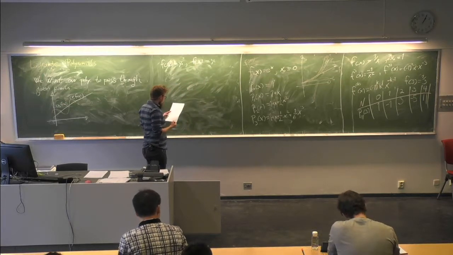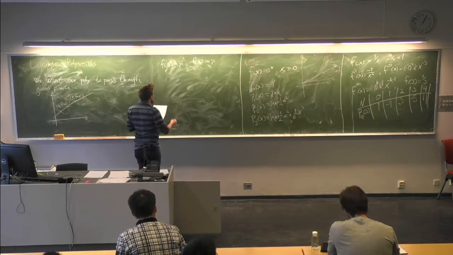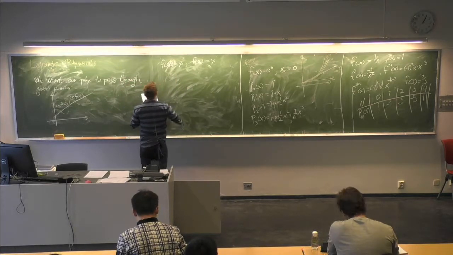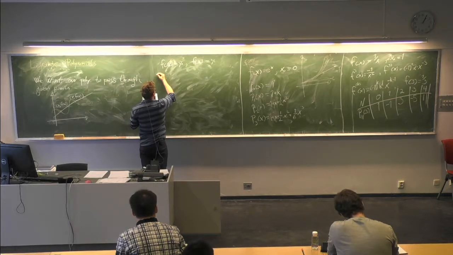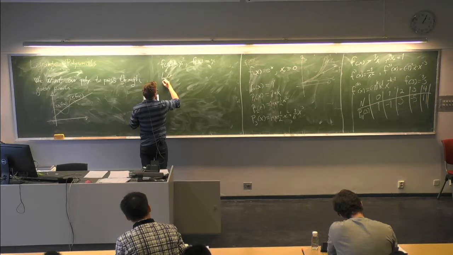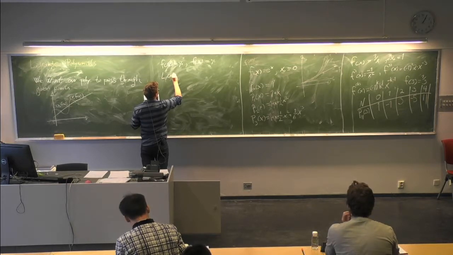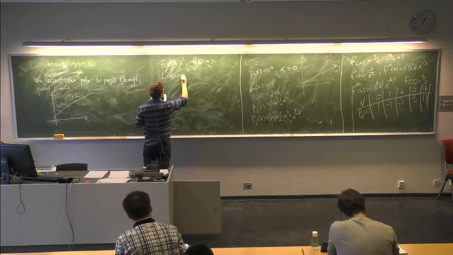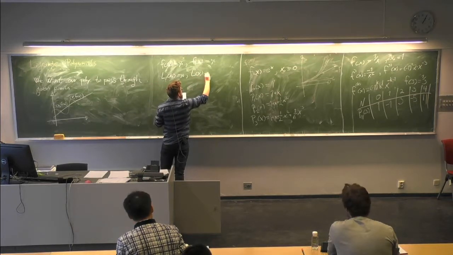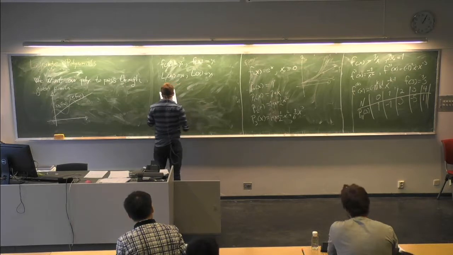So we want to construct, in order to actually have a function with the same properties, L for Lagrange, such that L of x0 is y0 and L of x1 should also be y1.